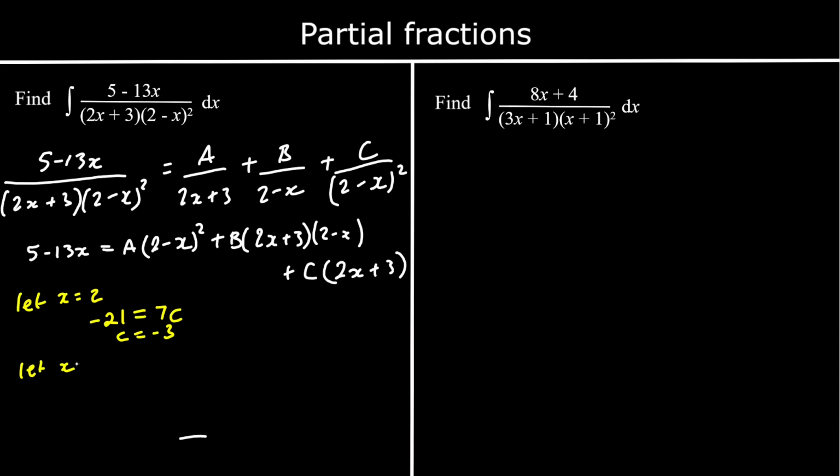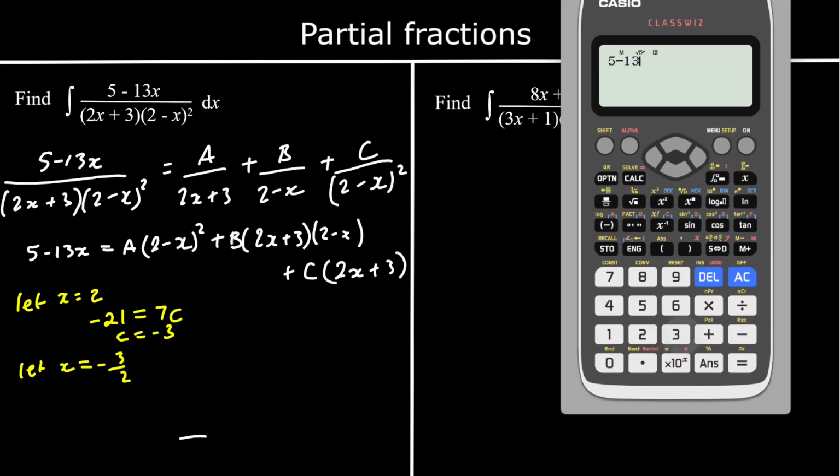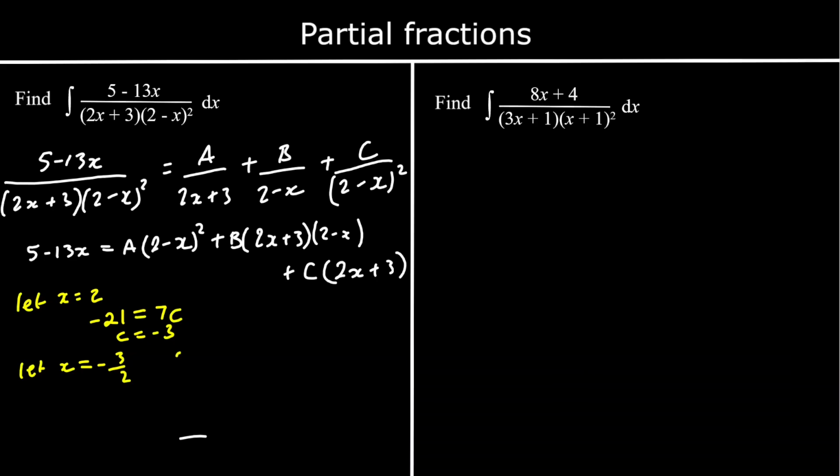If we let x equal minus 1/2, negative 3 over 2, we will get 5 minus 13 times negative 3 over 2, which is 49 over 2.